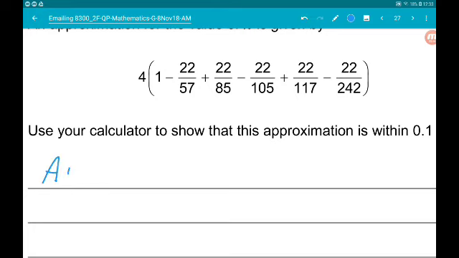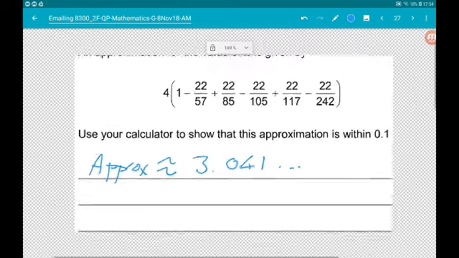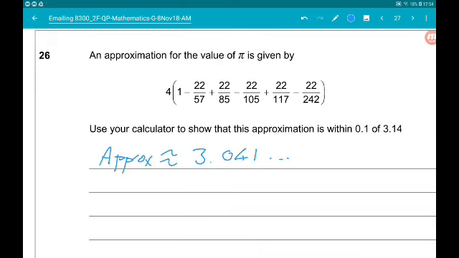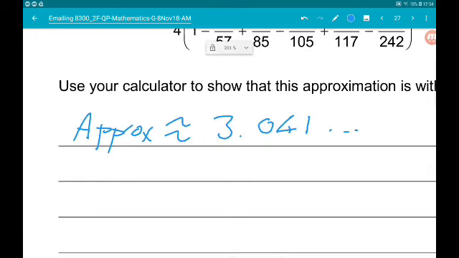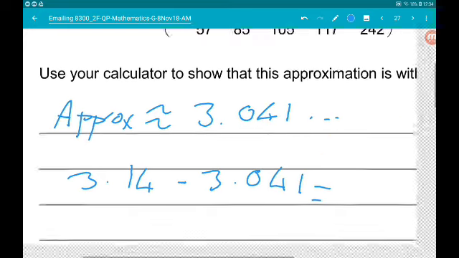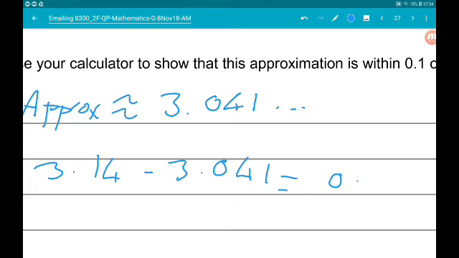the approximation is roughly 3.041 blah blah blah. Now if we want to check that that is within 0.1 of 3.14, we can do 3.14 minus 3.041 and we will get 0.099.